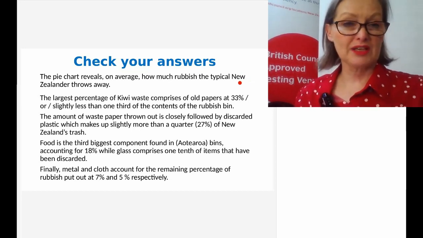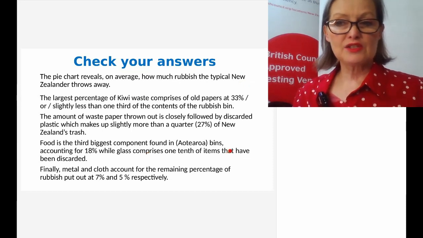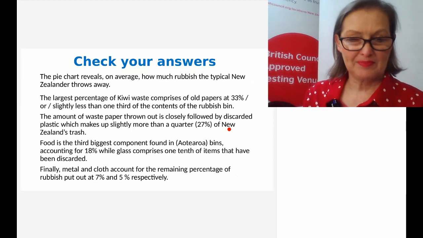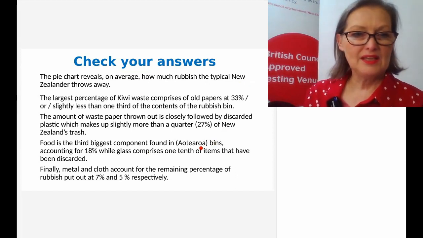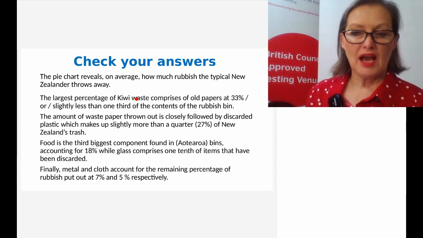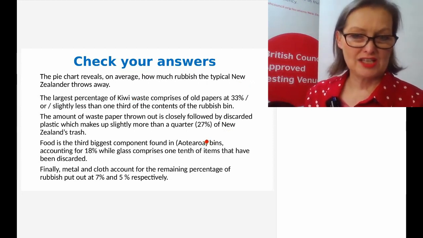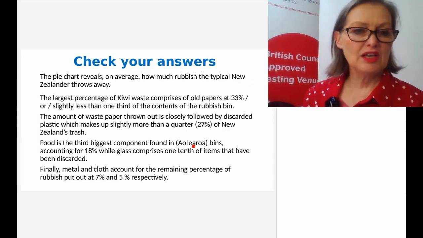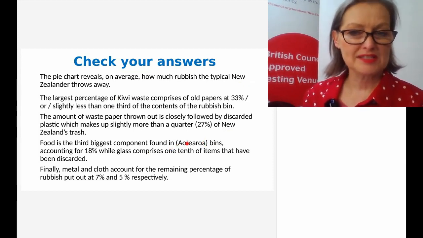I've changed it from the country New Zealand to the person, the New Zealander. Can you see how I mentioned in the next paragraph, I spoke about New Zealand's trash. And then finally, I think I had Kiwi, the largest percentage of Kiwi waste.